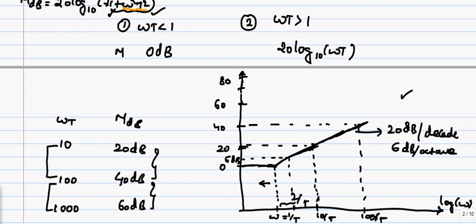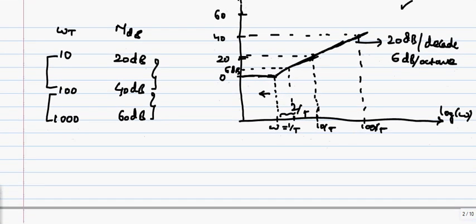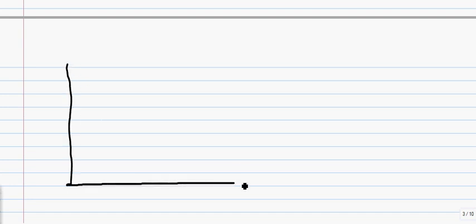Now let's try plotting the phase plot for this. Let's take the same axis, but x as log of omega and y in phase degrees. Let's take 0, 90 degrees, 180 degrees.